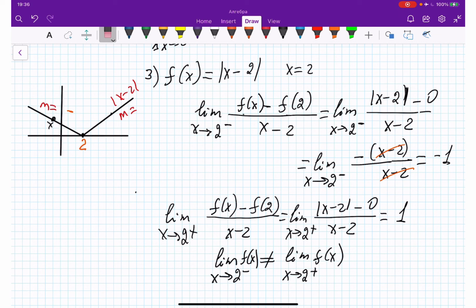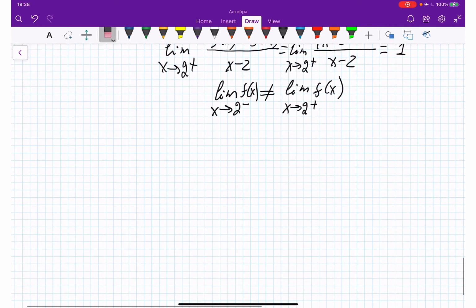Okay, moving to the next question. So next and last question, number 4, is the following. We need to find equations of two tangent lines to the graph of f that pass through the indicated point.